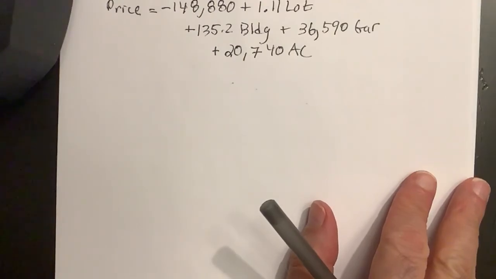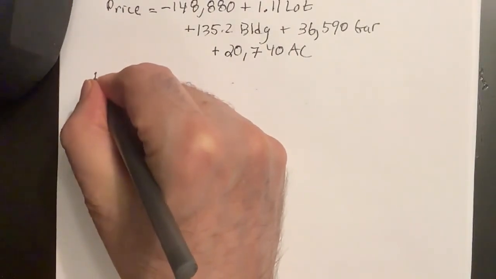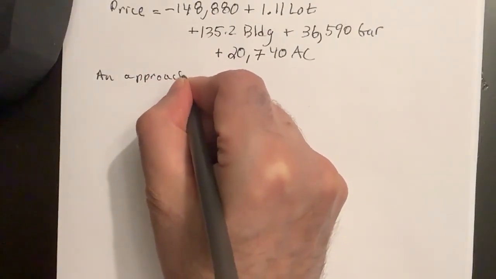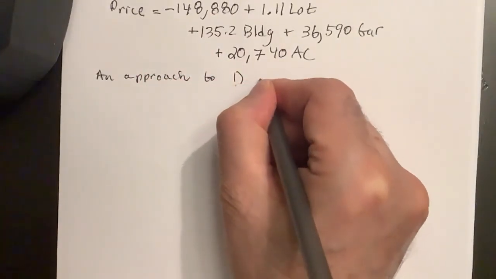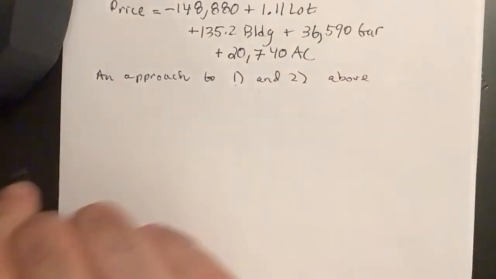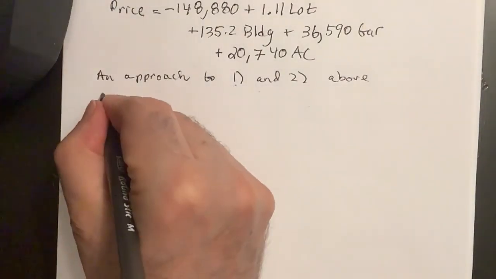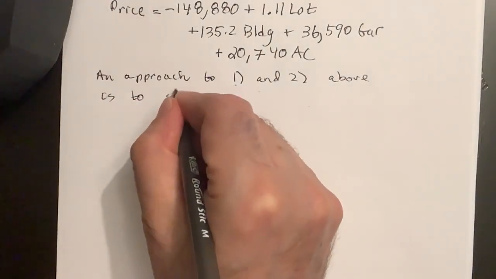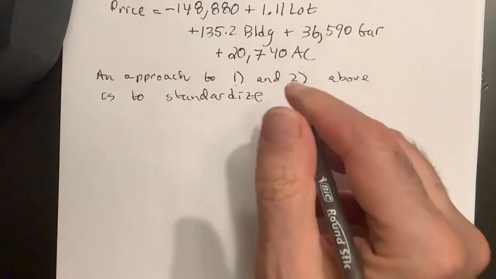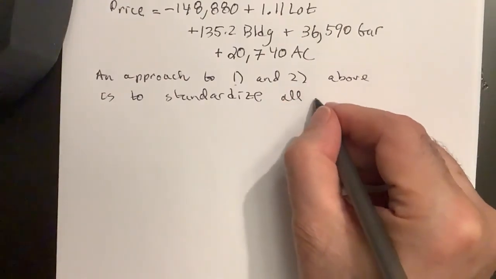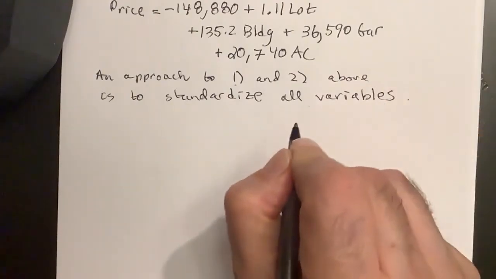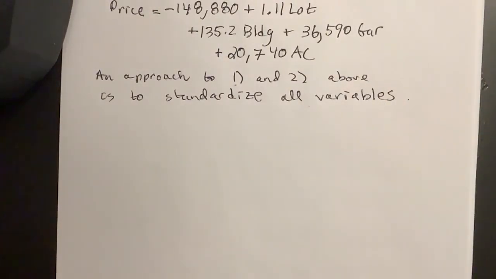One approach to 1 and 2 above, by this I mean the numerical effects and the comparability, is to standardize all variables, the response and the predictors. You have to do it the same way, otherwise you'll distort the system.